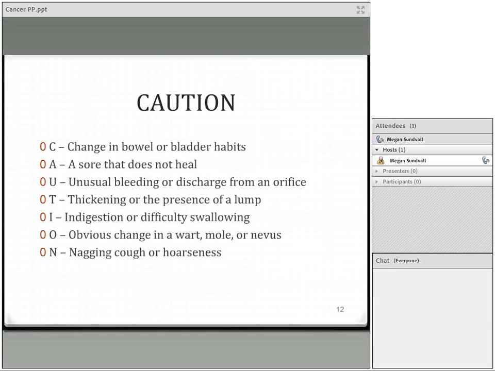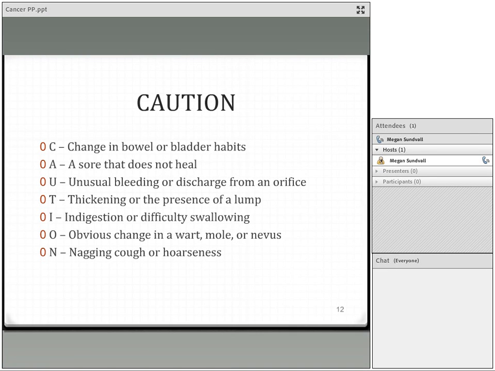CAUTION is the acronym we use to discuss the warning early signs of cancer. We talk about a change in bowel or bladder habits, a sore that does not heal, unusual bleeding or discharge from an orifice, thickening or the presence of a lump, indigestion or difficulty swallowing, obvious change in a wart, mole, or nevus.